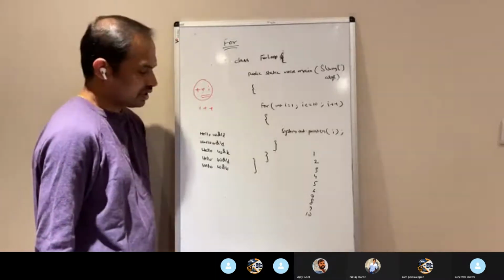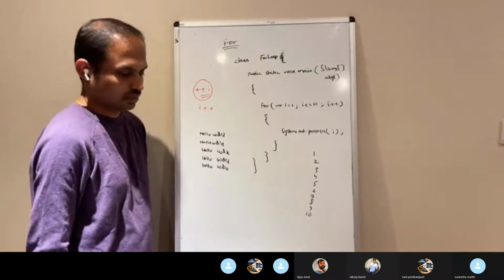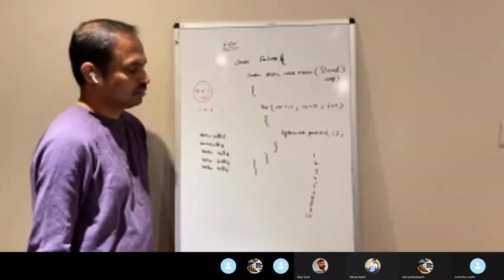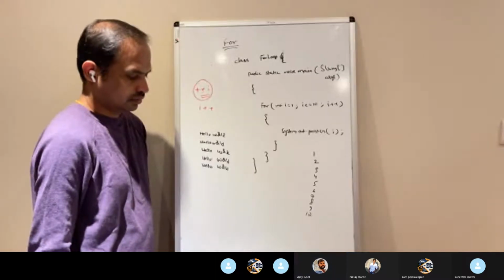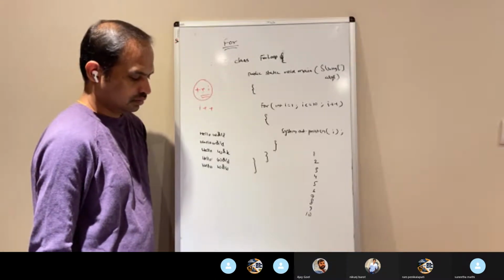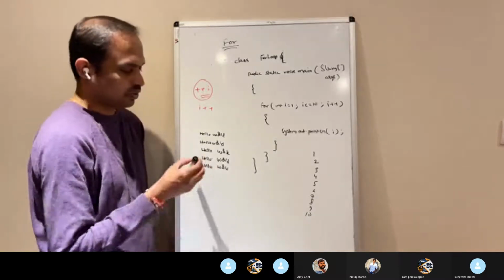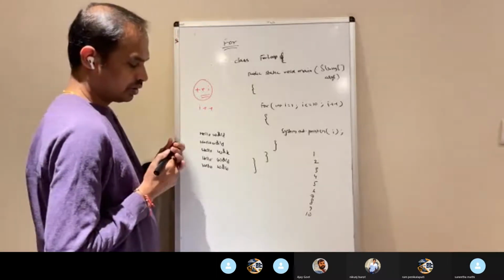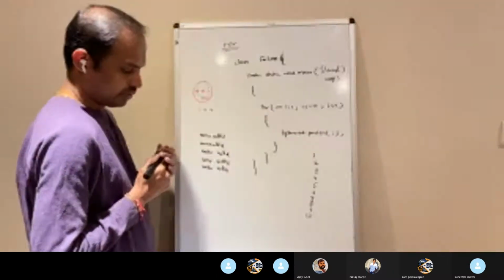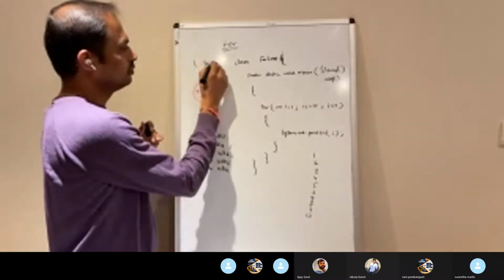Okay, who has written this program to print hello world 5 times? If someone has written the program to print hello world 5 times, then are you able to write the program to count from 1 to 20?